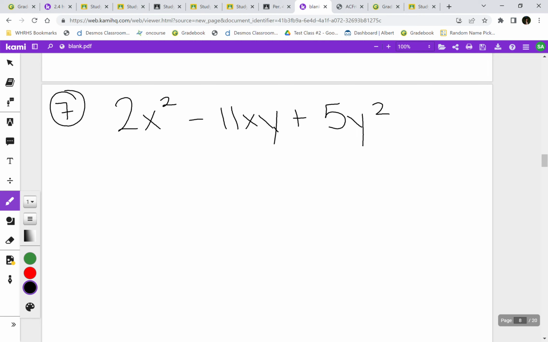What have I done? I've added another variable. But it's okay. It's okay that I've added another variable.